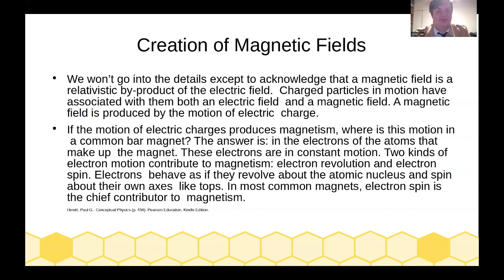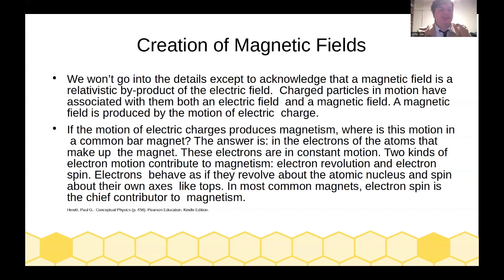Two kinds of electron motion contribute to magnetism: electron revolution and electron spin. Electrons behave as if they revolve around the atomic nucleus and spin about their own axes like tops, but they don't actually. Spin is a quantity like charge or mass that is associated with certain particles.